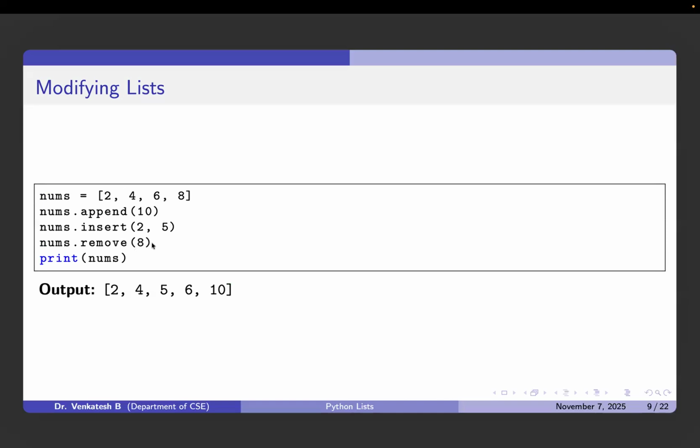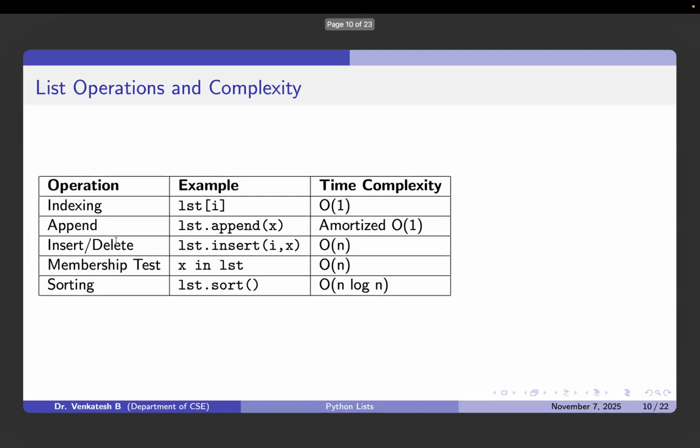And remove means we remove the element 8 from the list. These append, insert, and remove are all predefined methods in a list. Like that, there are many methods in a list.